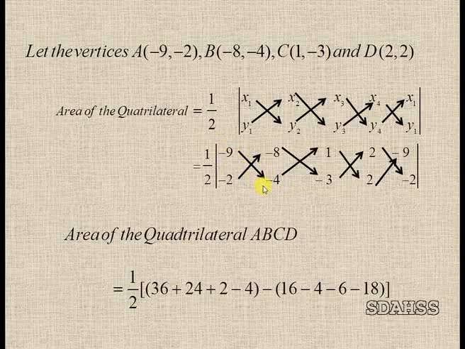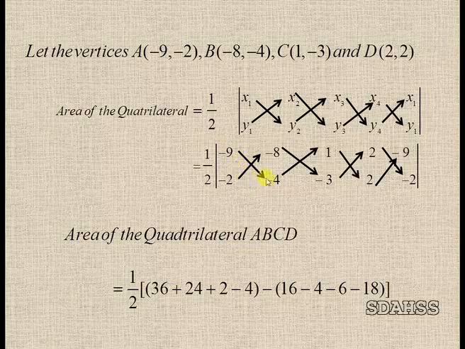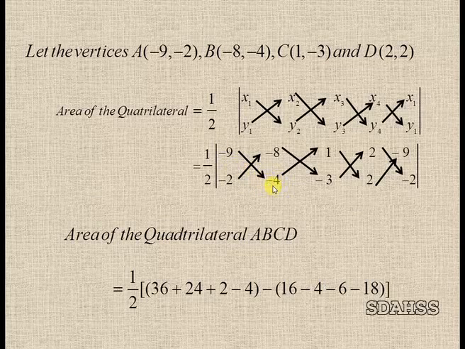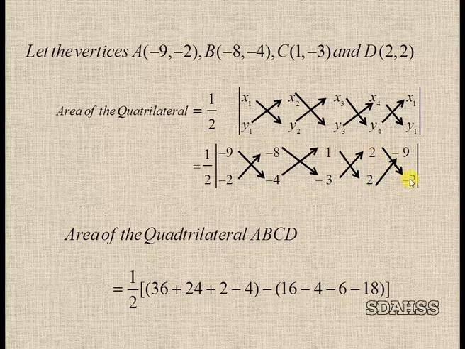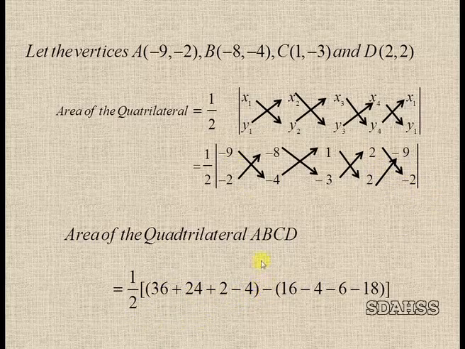Minus into minus, plus: 9 fours are 36. Then minus into minus, plus: 8 threes are 24. Then 1 into 2 is 2, 2 into -2 is -4. 36 plus 24 plus 2 minus 4. Then put minus sign.